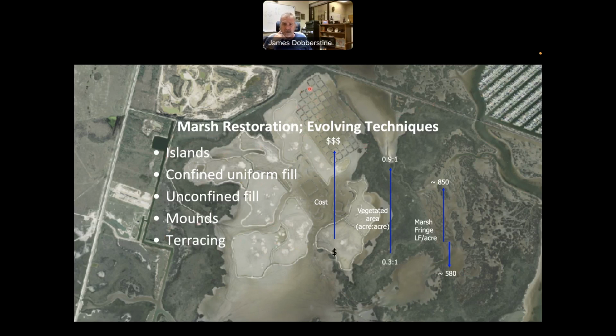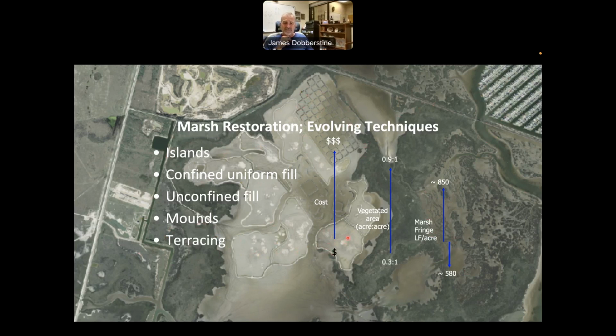This is a grid type of terrace. Here, right in this area, you can actually see these little zigzags. Those are terraces also. So there are different types of layouts of terraces, but the underlying method or technique is the same. These tend to be the least expensive types of habitat restoration in marsh environments.